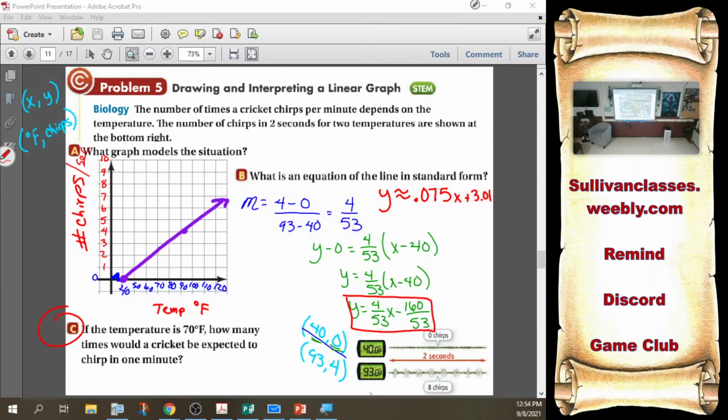Go ahead and plug 70 into your equation, find out how many times it's going to chirp per second, then do what? Multiply it by 60. If that's how many times it does it in a second, take it times 60, and you got how many times in a minute. And you'll get a number that should annoy you a lot, because crickets.